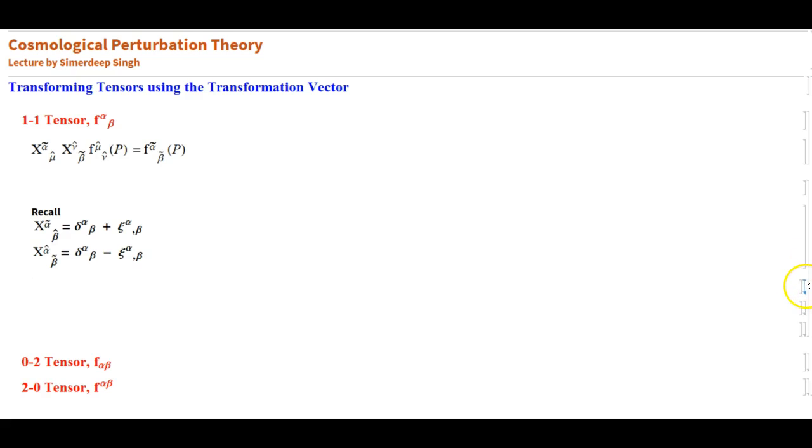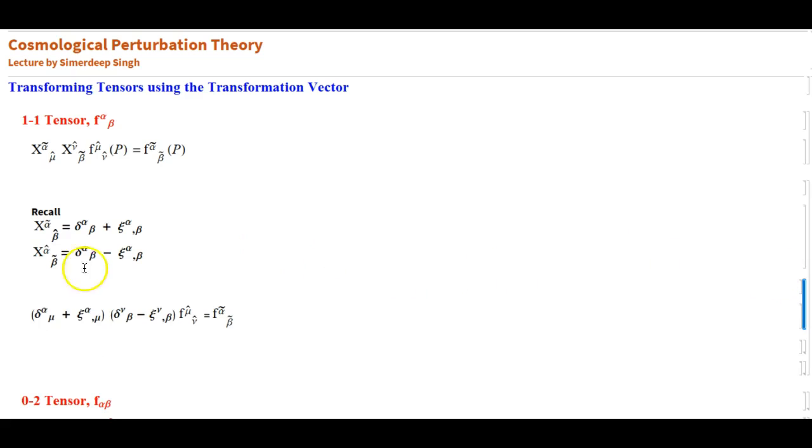And what do we get? Simple mathematics: x alpha tilde mu caret will be replaced with this thing with proper indices, and this nu caret beta tilde will be replaced with this thing with proper indices, and that's what this equation becomes.